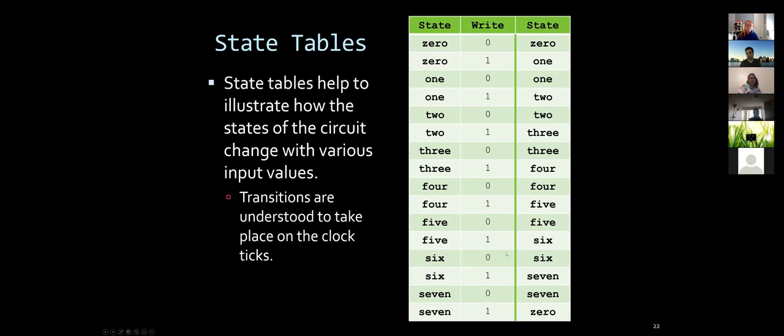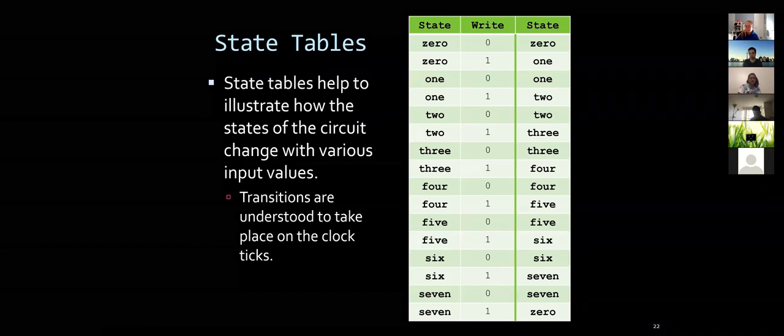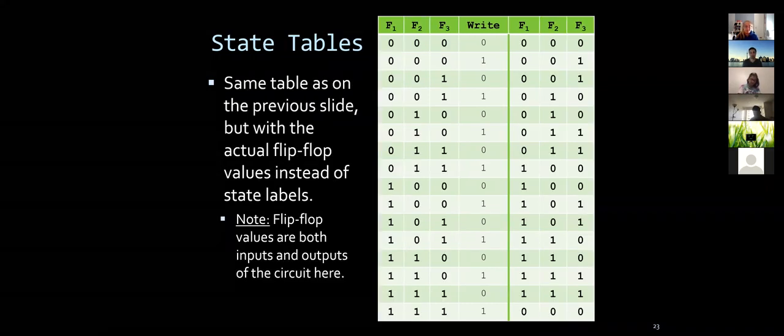If it's 1 and transitions, it's the same all the way up until 7, which goes back to 0. So essentially state tables help to illustrate how the states of the circuit change with various input values, similar to the truth table. Transitions are understood to take place on the clock ticks. There are some complications with these transitions, but for simplicity, we assume that they happen on the clock ticks.